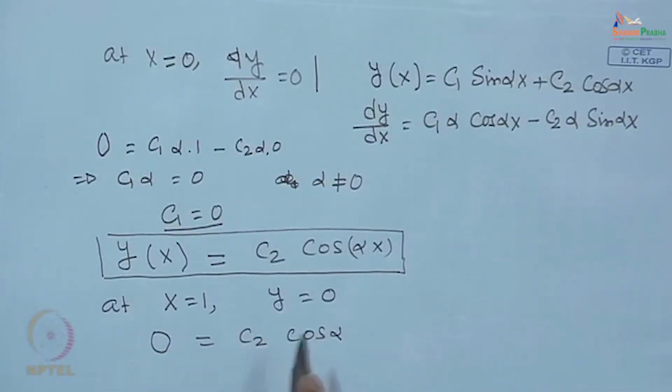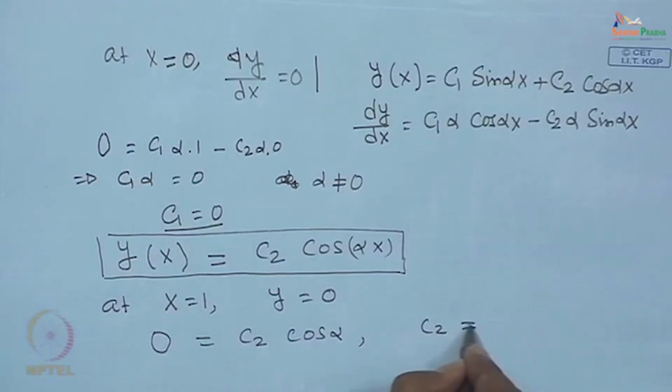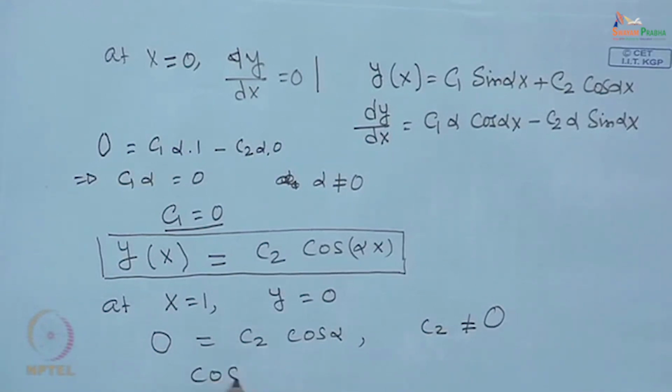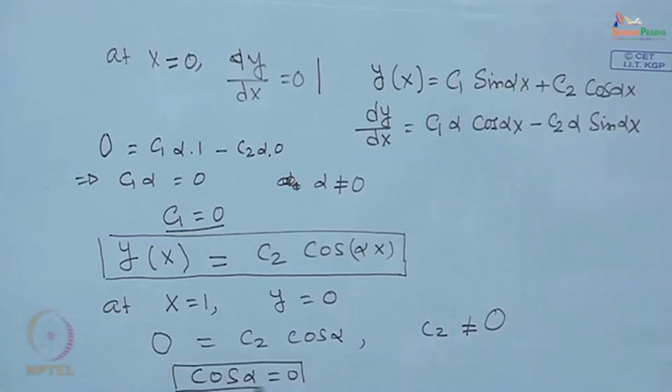Again, in this equation c2 cannot be equal to 0. Why? If c2 is equal to 0, again we are going back to a trivial solution and we are not looking for a trivial solution. So, what is the option left? The option left is cosine alpha is equal to 0 for a non-trivial solution.